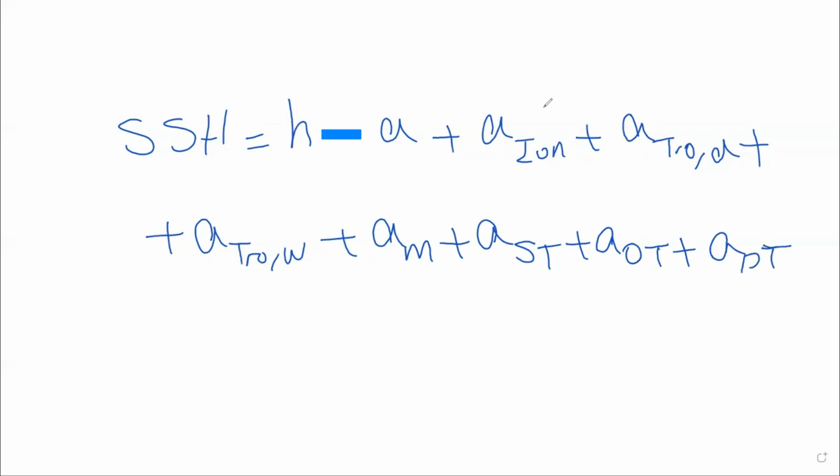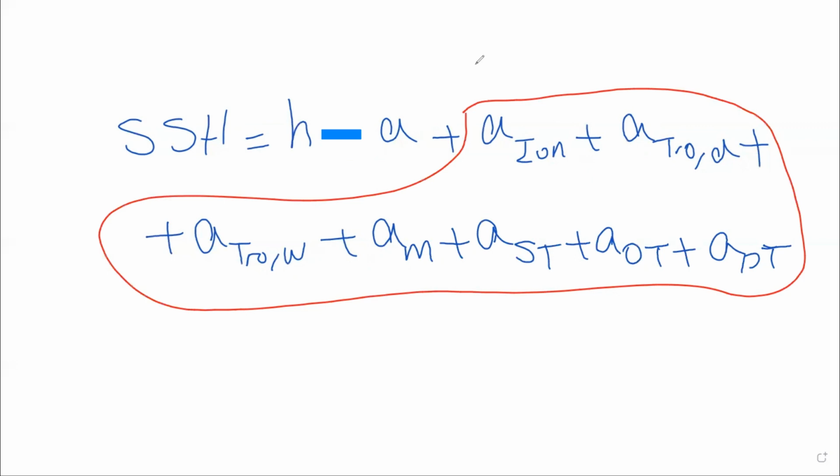You see, different types of corrections are needed for these altimetric measurements before we compute SSH. So these are corrections for us.